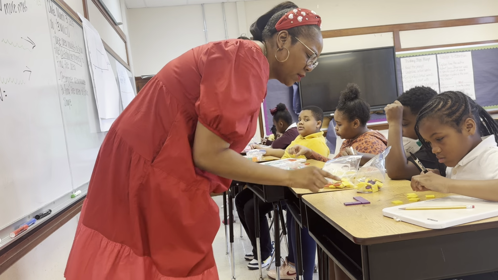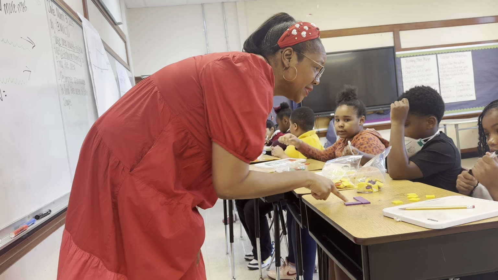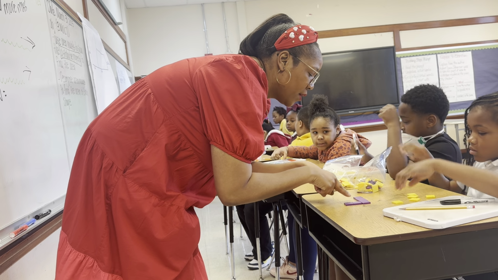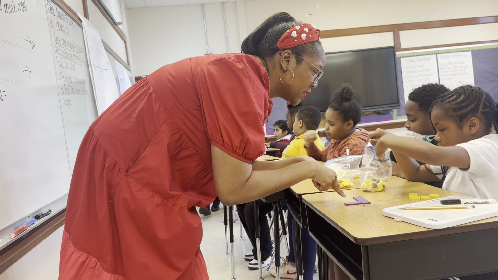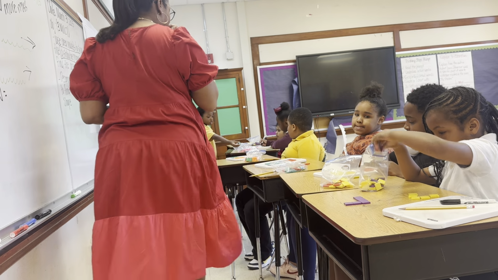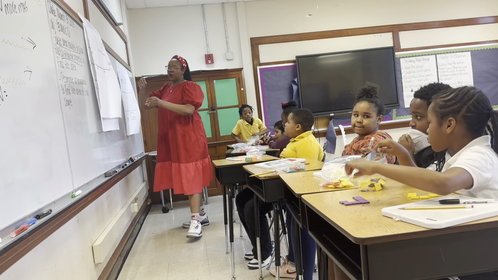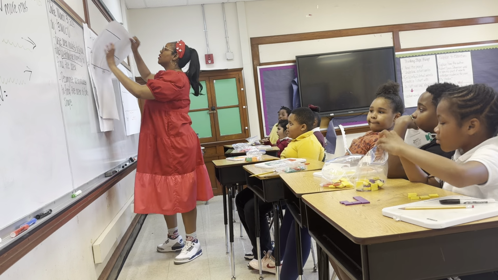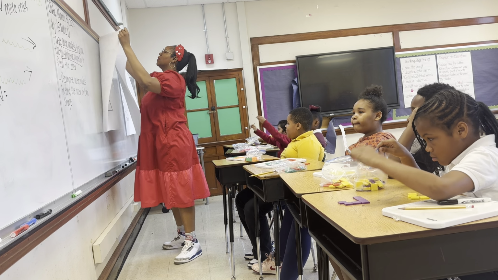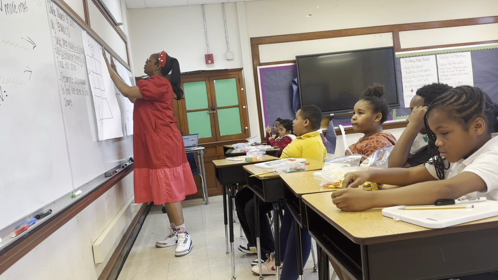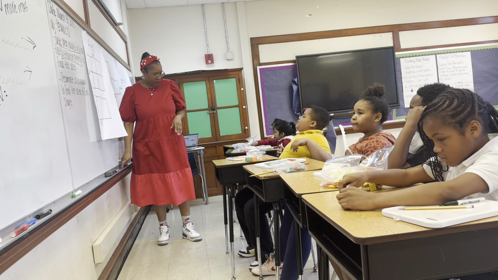Okay, stop for a second. I need you to, this has to be done. It's a floor mat. So where are the rest of the square units for this floor mat? All right, 5, 4, 3, 2, 1.